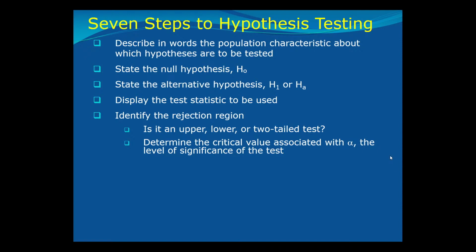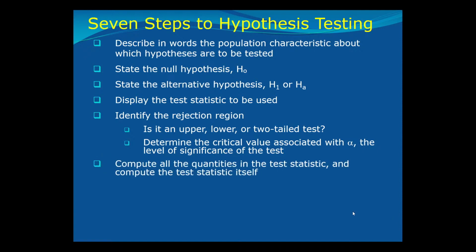method of hypothesis testing. We need to determine the critical value associated with alpha, the level of significance of the test. Then we need to compute all quantities in the test statistic and compute the test statistic itself by using statistical applications.